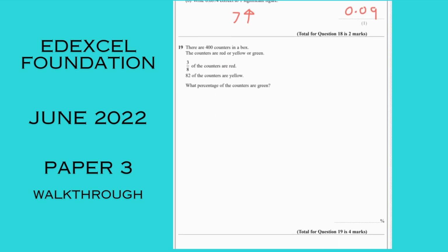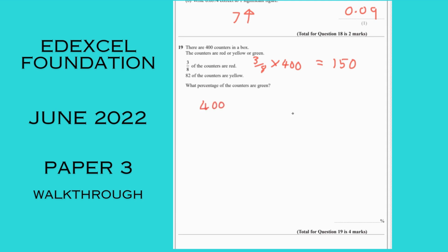Number 19. Not the wordiest of wordy. Just get one thing at a time. So 3/8 of. On your calculator, of means times. So we have 150 red. 82 are yellow. Now it doesn't ask for how many are green, but you do need that.